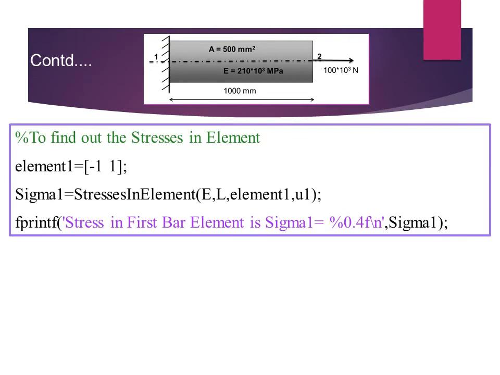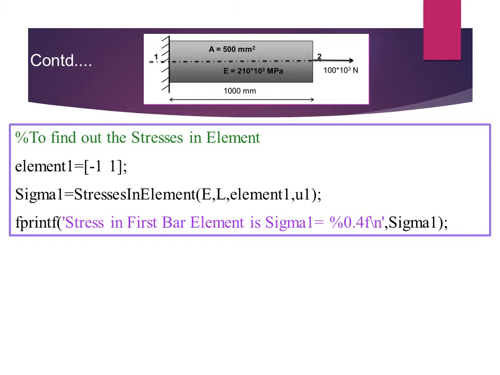Next is to find the stresses in the element, and for that I am using a function file, that is stresses in element, and the required variables are E, that is Young's modulus, length, that is capital L, the element 1 matrix, and the U1 matrix. Now the element 1 matrix I have already defined, that is minus 1 1.